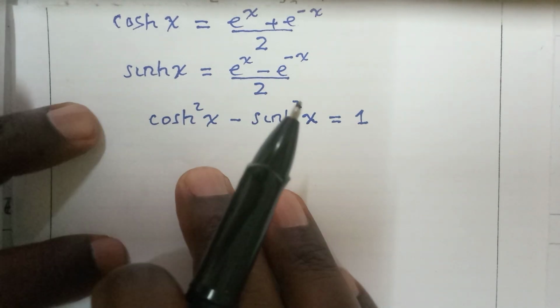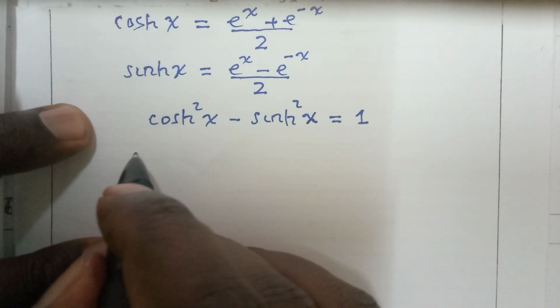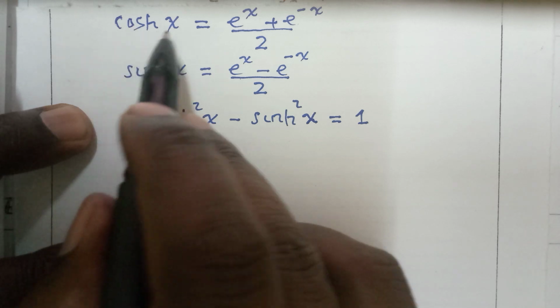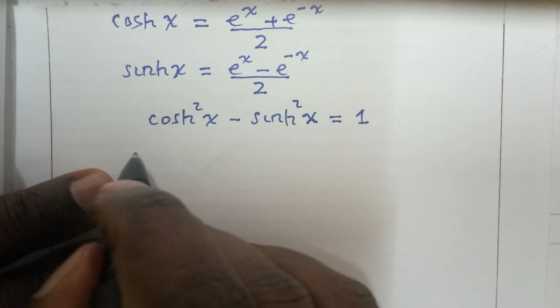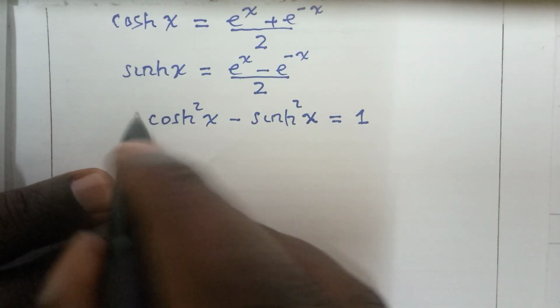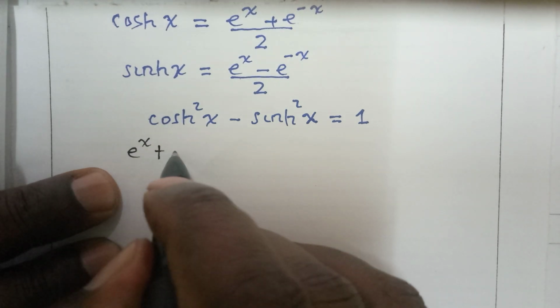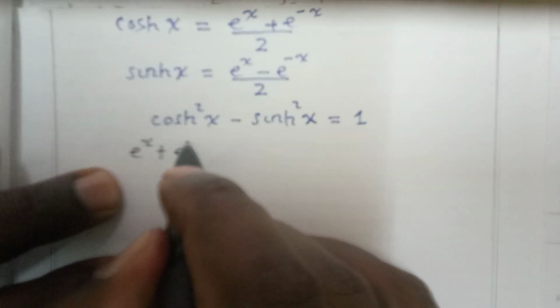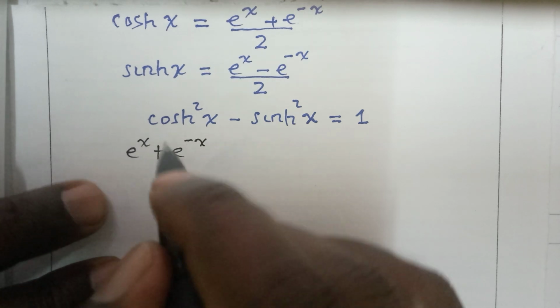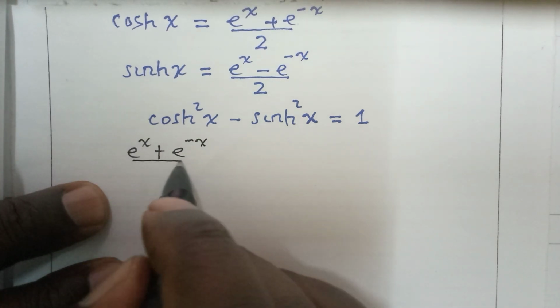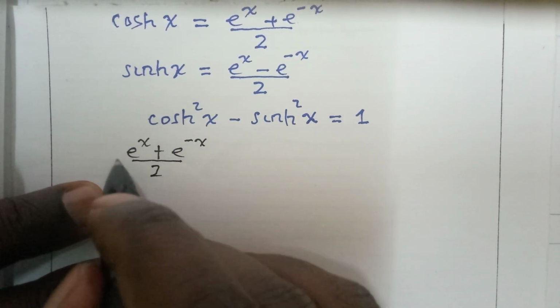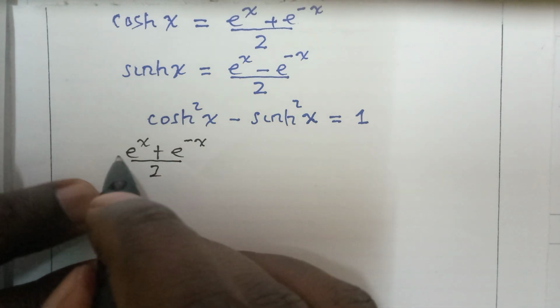I will start with this one. Cos hyperbolic x, we have e raised to x plus e raised to negative x, all over 2. I now square it as it is squared there.